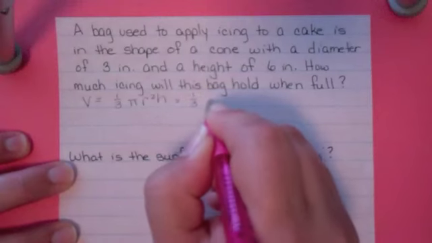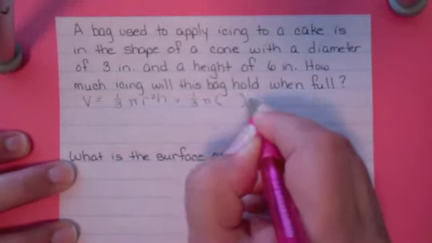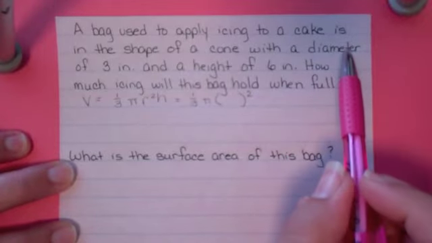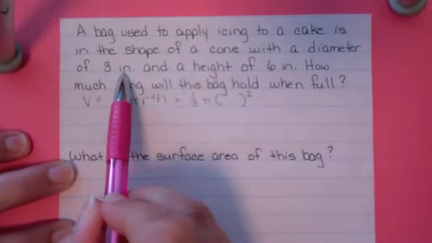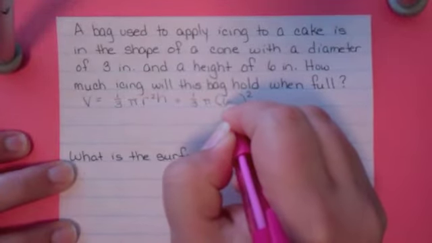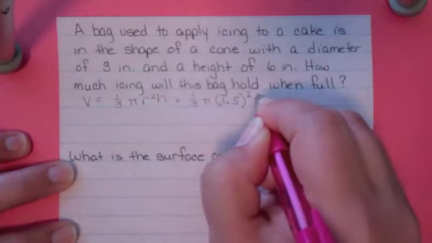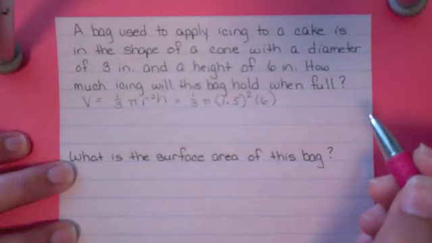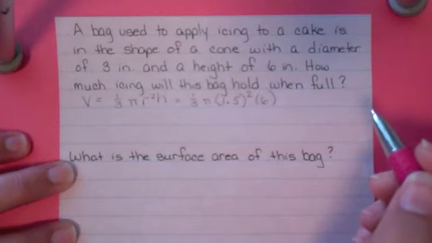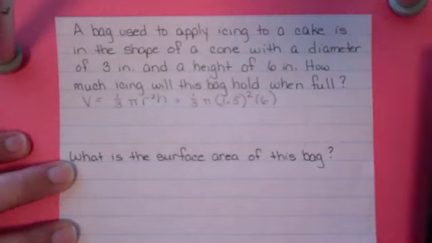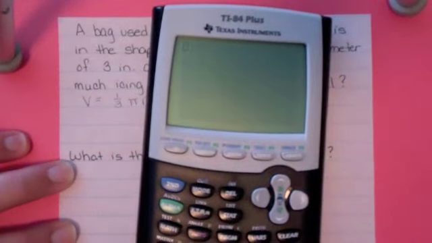So 1/3 pi. I need my radius. Well, they told me it's a diameter of 3 inches, which means my radius is 1.5 inches. And my height is 6 inches. All right, so I'm going to use my trusty calculator here so I get the correct answer.